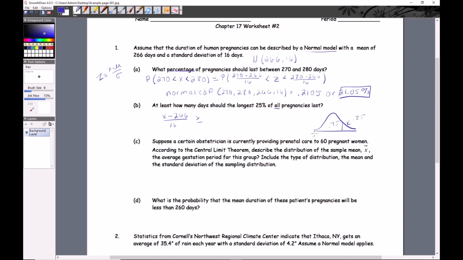So we do inverse norm of 0.75. And remember, 0.75, isn't that Q3? And we did have a Z-score at Q3 in a standard normal model.